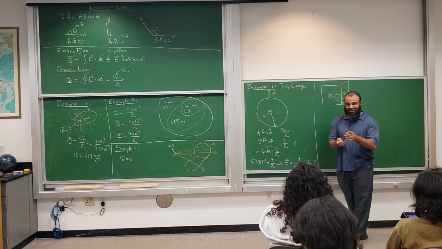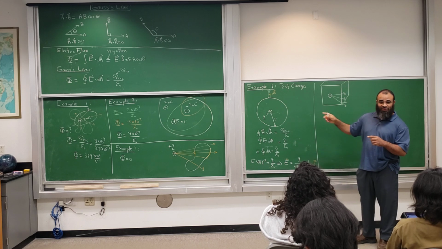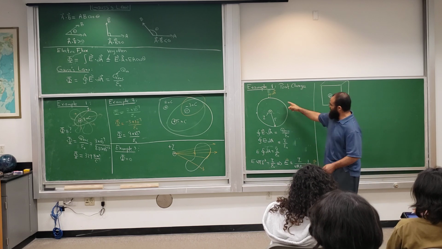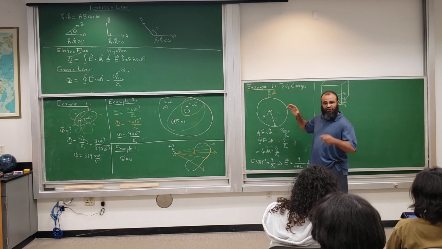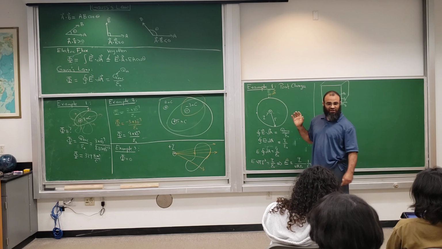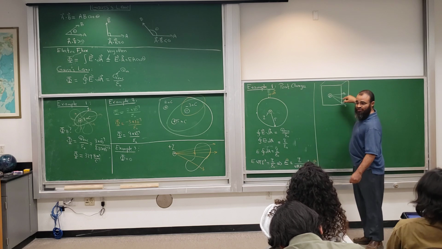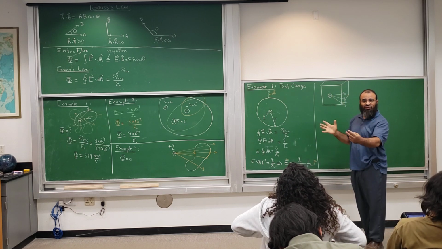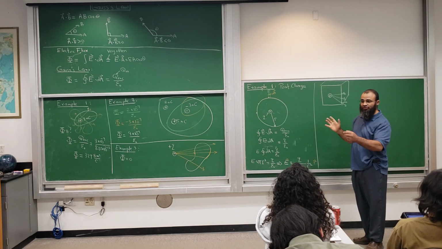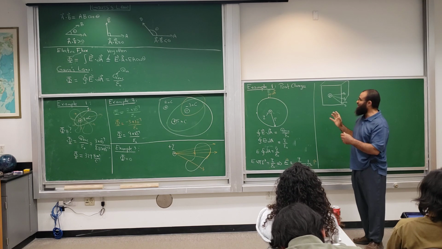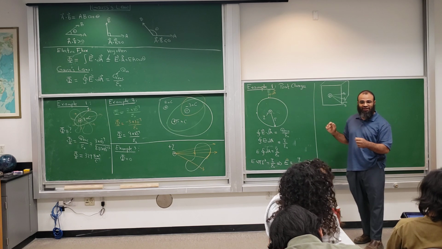And another thing I want to mention: is this an actual sphere? Is it a physical sphere? No, it's a mathematical sphere. It's called a Gaussian surface. This is not an actual box either. It's just some mathematical closed box. So it's not a physical box. It's not like a conductor or an insulator or something.